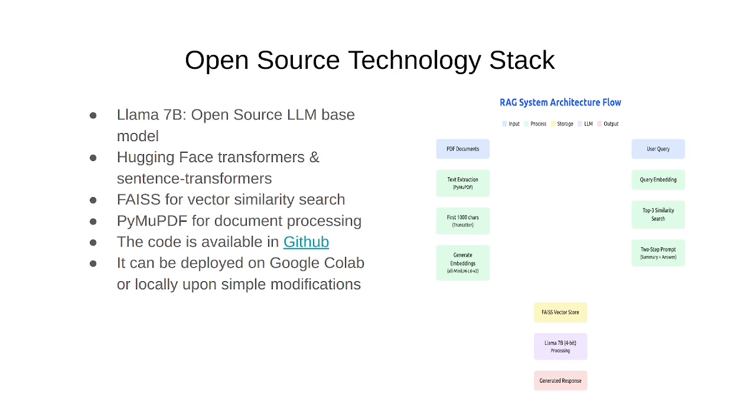Finally, we use a two-step process where Llama 7 billion summarizes the retrieved content, and then it generates an answer combining the context with the query. So the entire implementation is in GitHub and can be deployed using Colab or locally with some modifications.